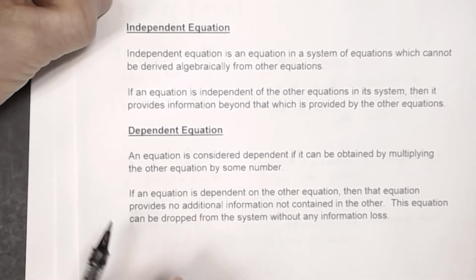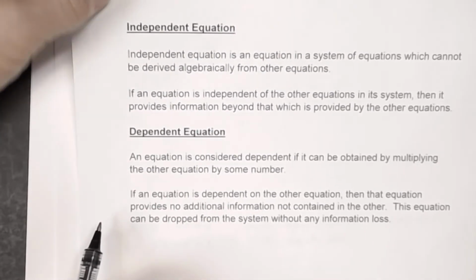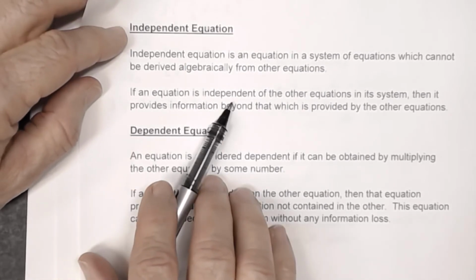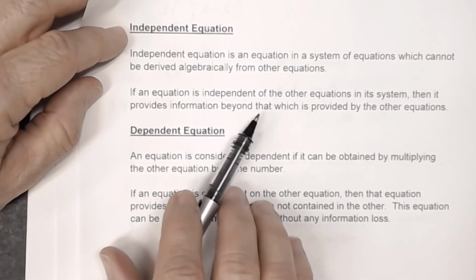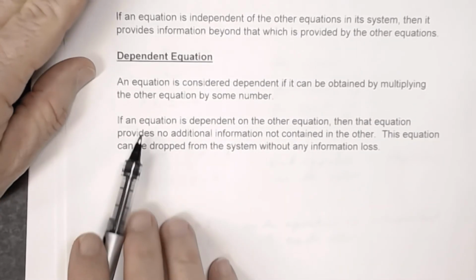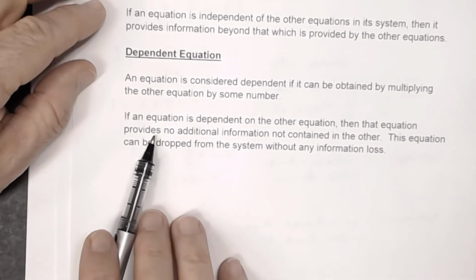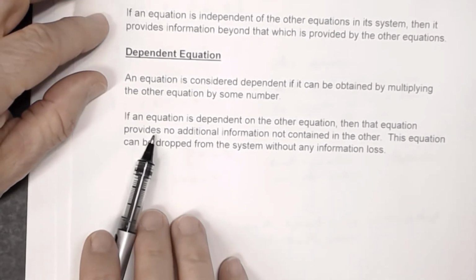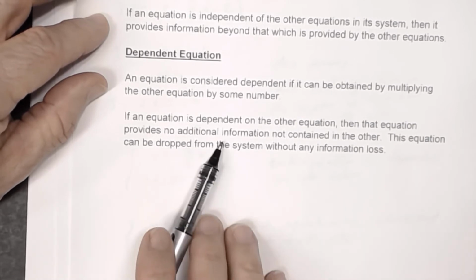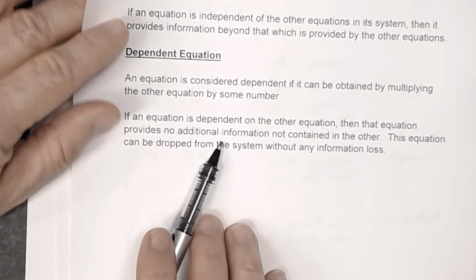Now let's look at these other statements. That statement that says if an equation is independent of the other, then it provides information beyond that which is provided by the other equations. This says that if two equations are dependent on each other, then you can basically toss one of them out without losing anything. So here's what I mean by that.